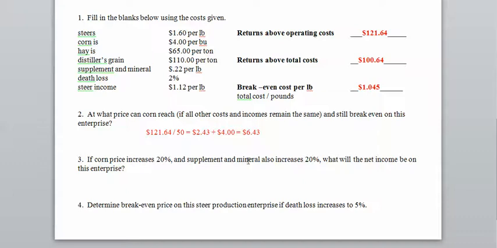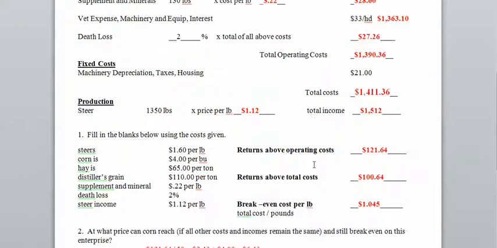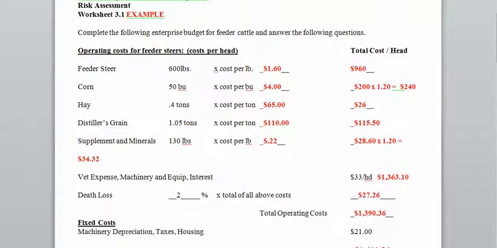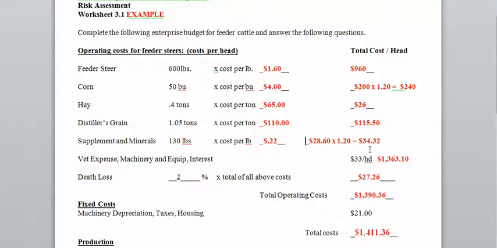The next question is, supplement and mineral increases 20%? So we'll take that times 1.2. 28.60 times 1.2 equals a new price of $34.32. There you go.